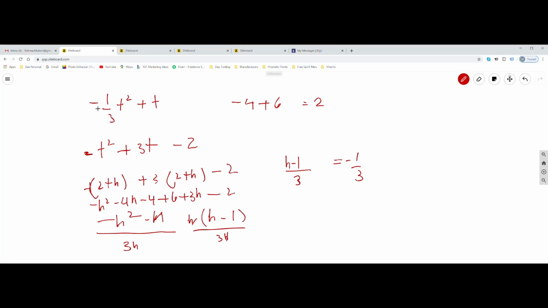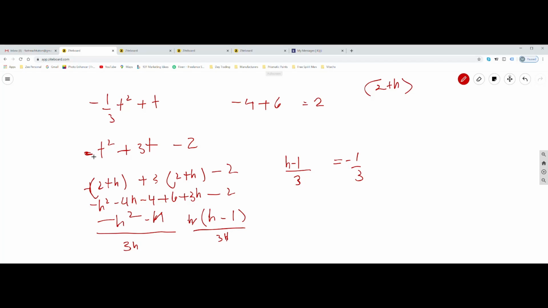So we're going to look at negative 1 over 3 t squared plus t. We need to find the limit of this equation. Wherever there is t, we're going to substitute 2 plus h. Since this is a fraction, we want to change the equation to have all whole numbers.